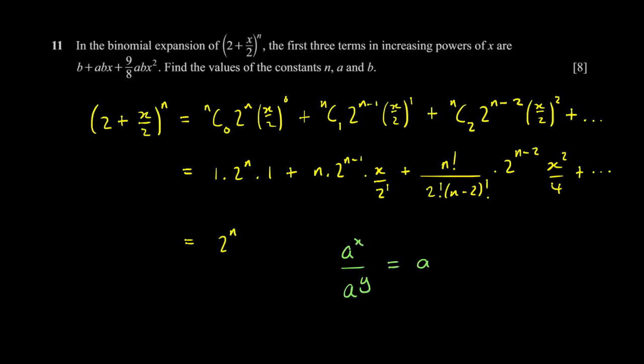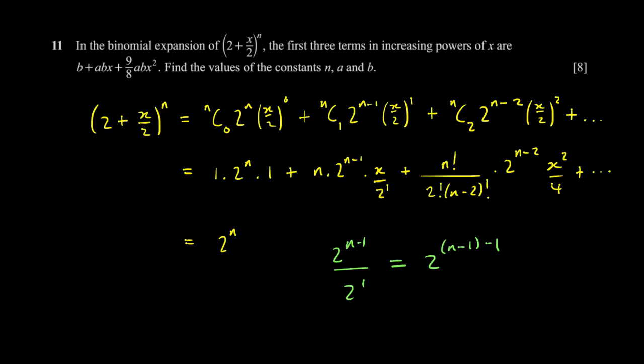We subtract the powers, don't we? We do a to the power x minus y. So here we've got 2 to the n minus 1 divided by 2 to the 1. So we're going to be subtracting the powers again. So 2 to the n minus 1 divided by 2 to the 1 is 2 to the n minus 1 minus 1. Okay, so 2 to the power n minus 2.